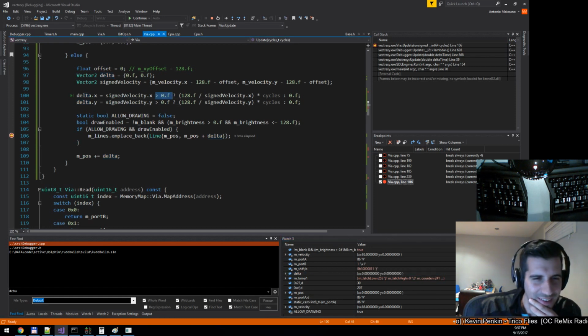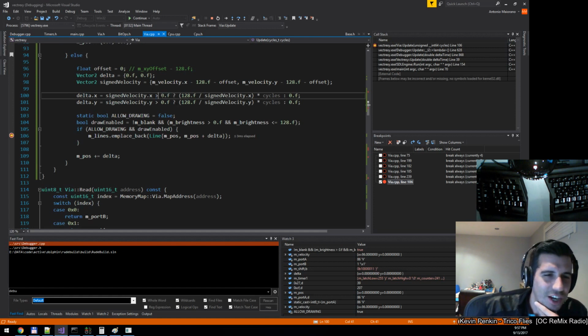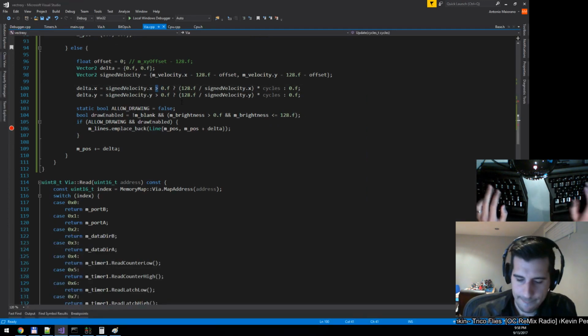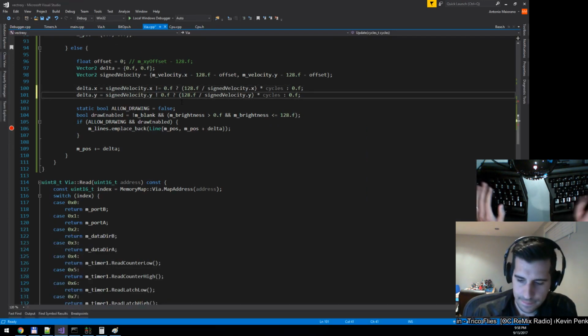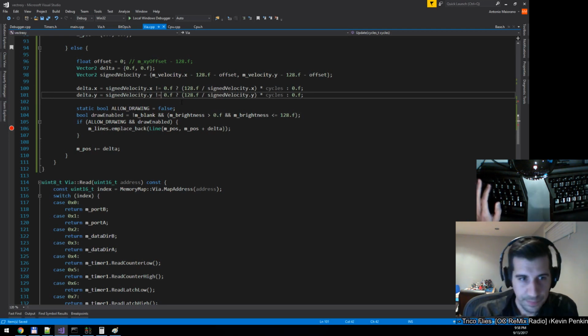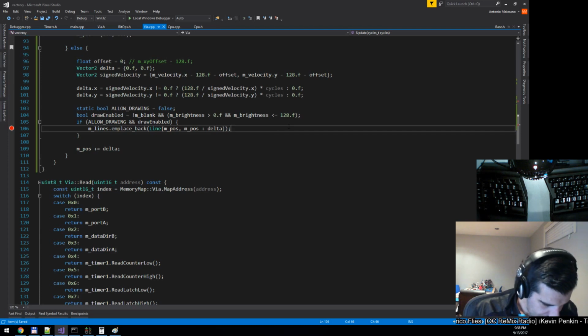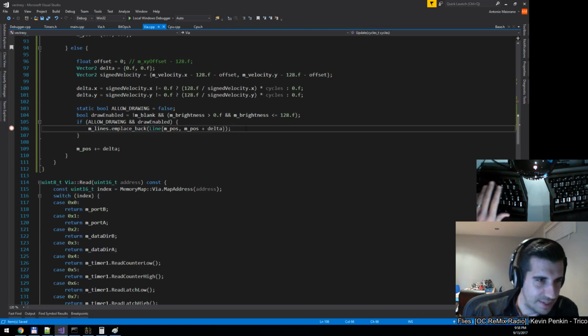I don't need to check if it's greater than 0. I need to check if it is not equal to 0. Now that they're negative, they're not moving in the negative direction. Okay. So now I'm kind of tempted to see if it just works.